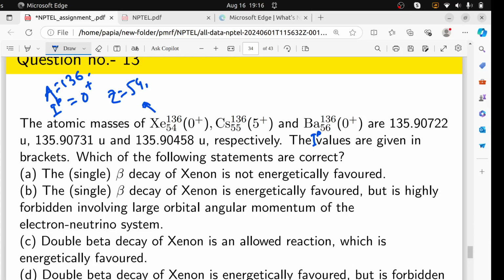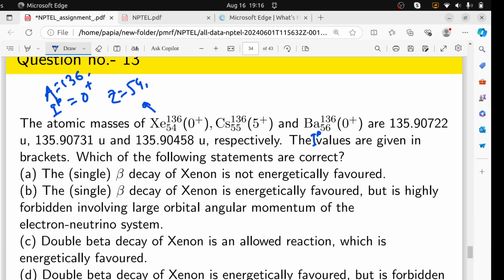So let me go one by one. The first option: the single beta decay of xenon is not energetically favored. They are demanding that one.